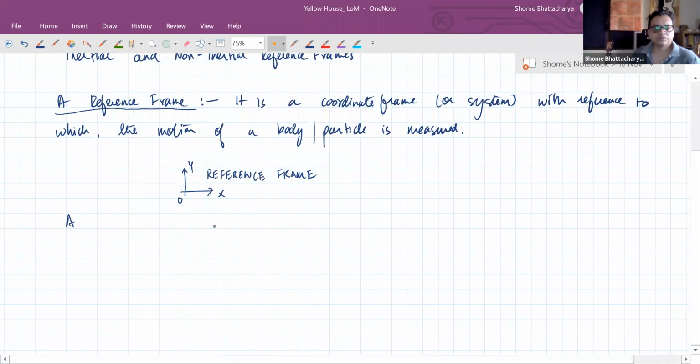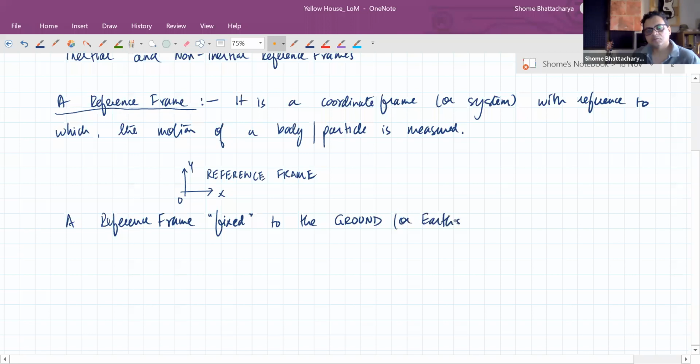So the ground frame can be thought of as an absolute reference frame.